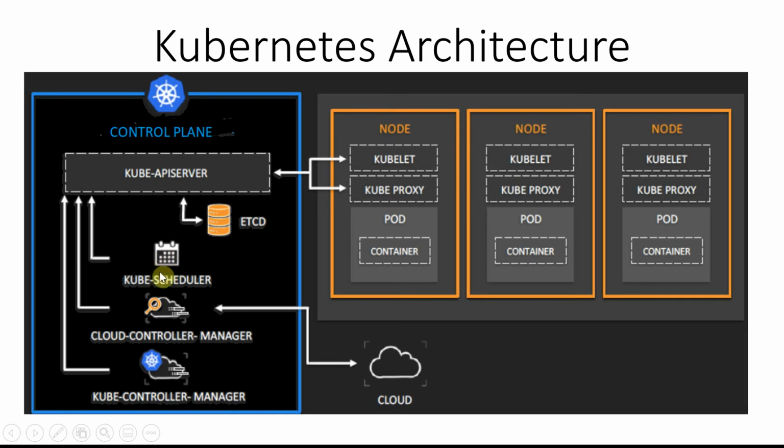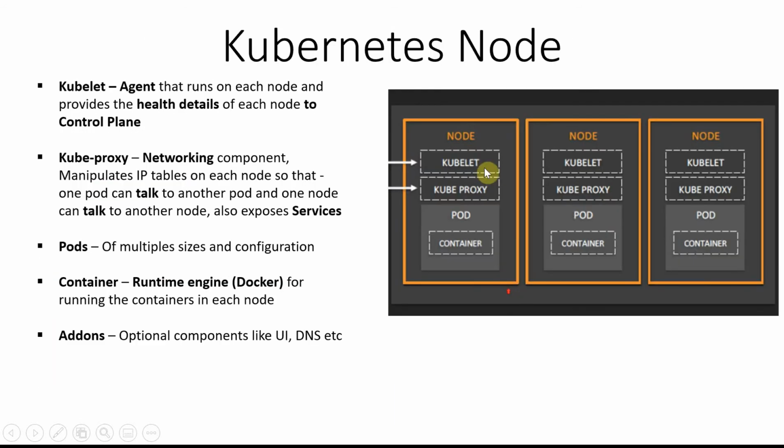The scheduler will schedule the pods, and the cloud controller will manage the cloud operations. This controller will ensure that the health is all good, so it manages the health of all the pods and other stuff. And the node has the kubelet, which gives the health information. Proxy is for networking.